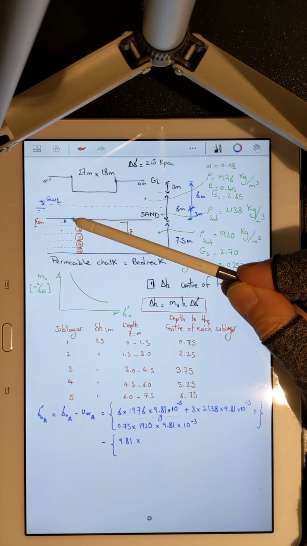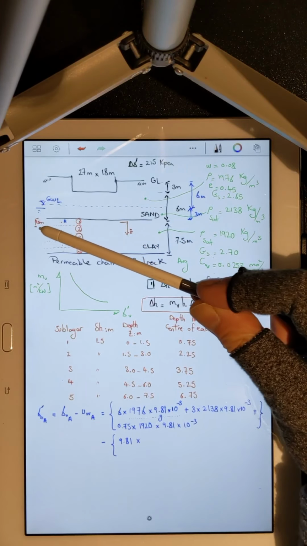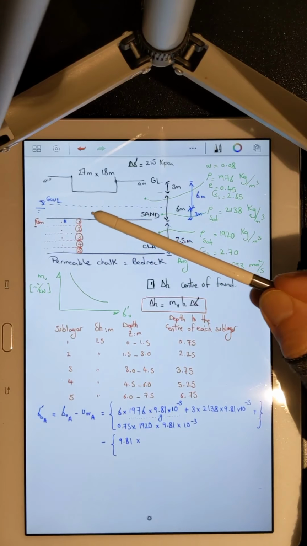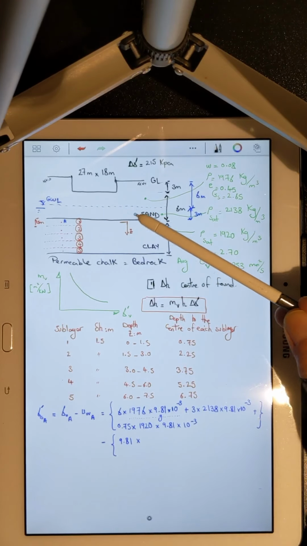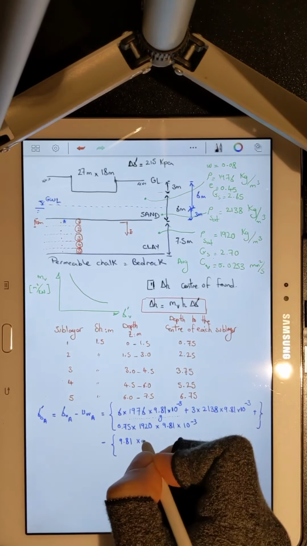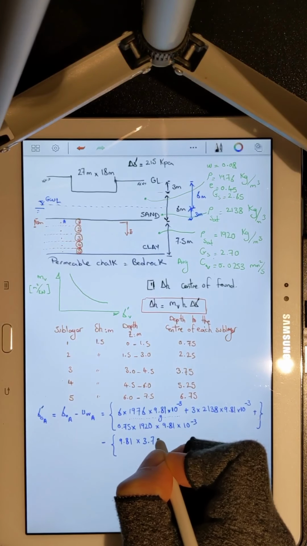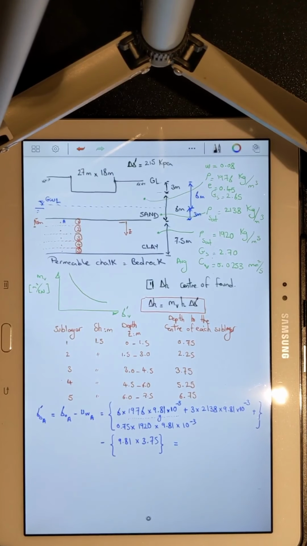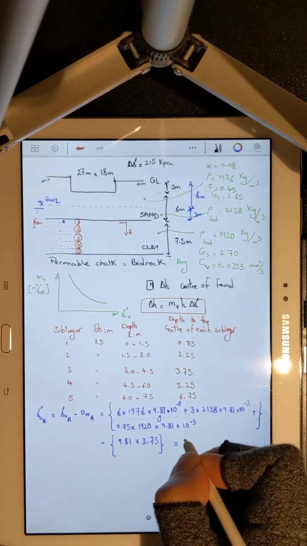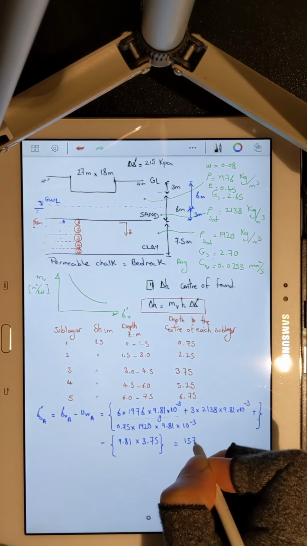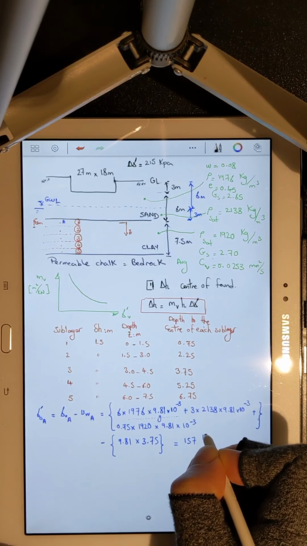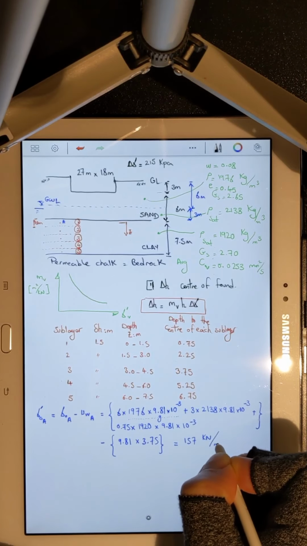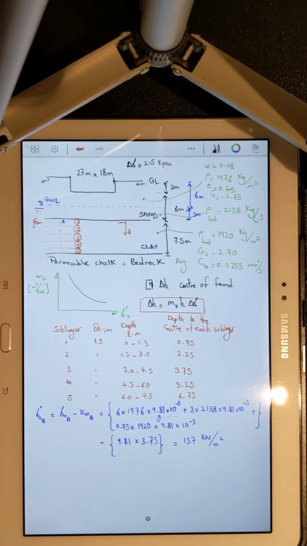Half height of the first sublayer is 1.5 divided by 2, 0.75. So 3 plus 0.75, 3.75. So your initial effective stress at point A is equal to 157 kilopascal or kilonewton over meter square. That's all done.